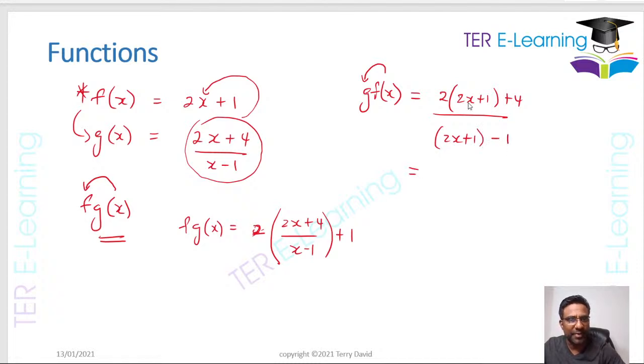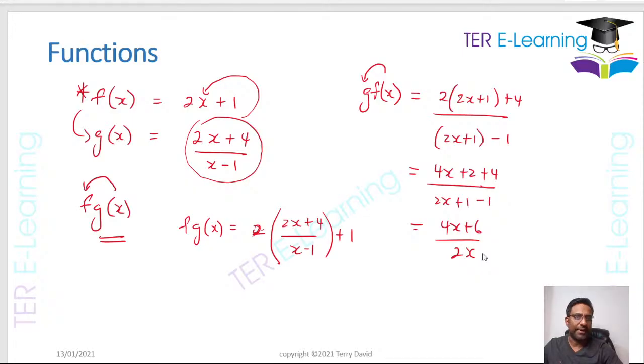I can simplify this. This gives me 4x plus 2 plus 4 all over 2x plus 1 minus 1. And if I simplify this, I get 4x plus 6 on top over 2x at the bottom. So this is how we find the composite function.